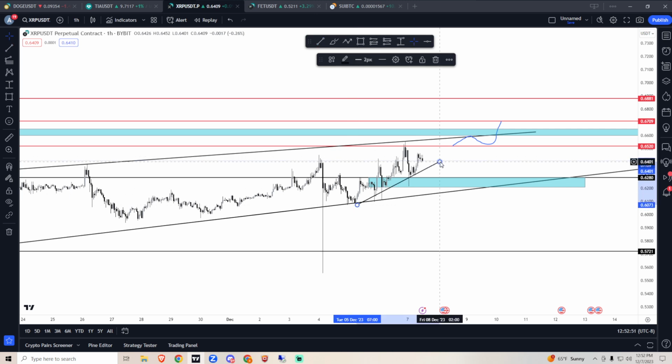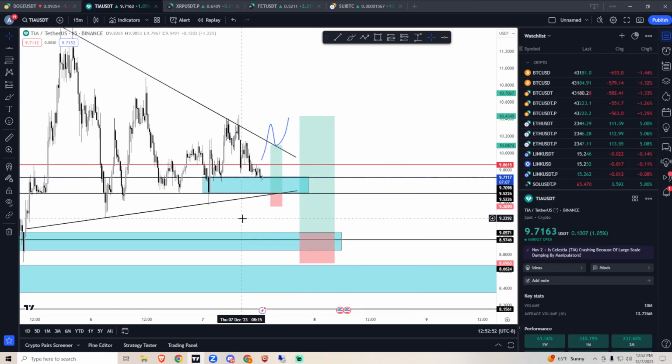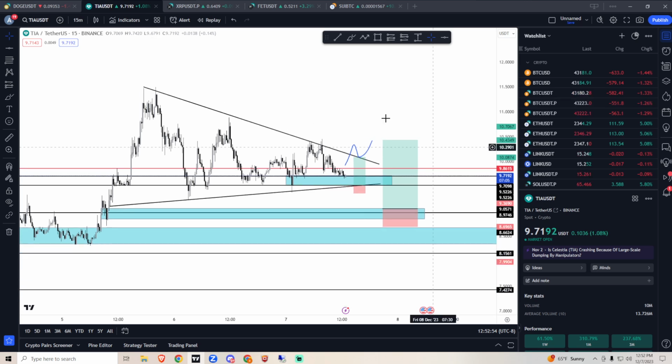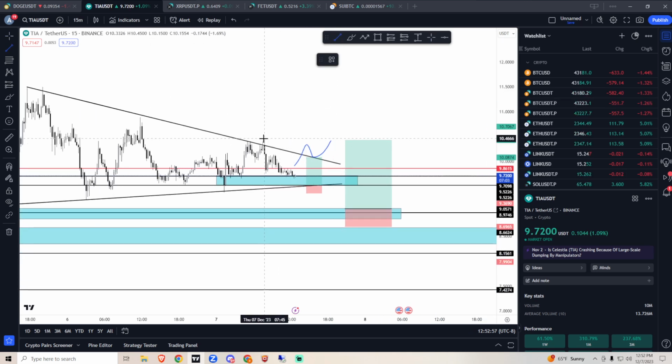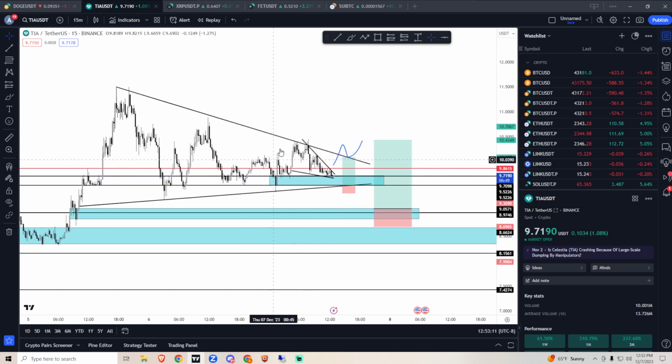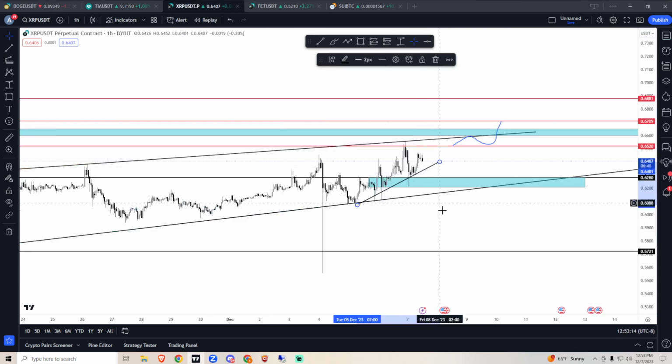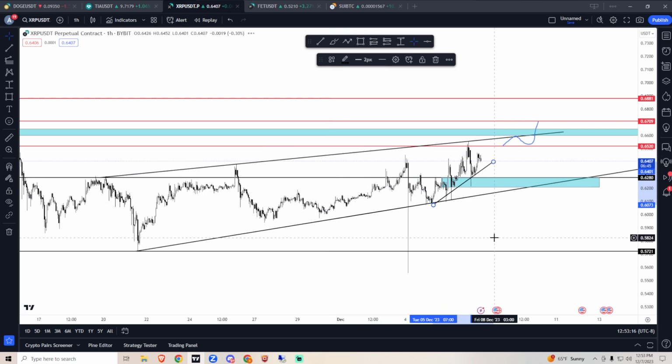Other coins have been easy, right? Like TIA was pretty easy. TIA actually might break out. Whereas XRP, they're just like, there's no indication.